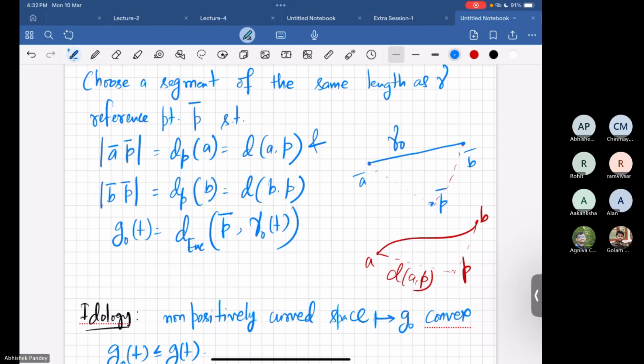It doesn't matter. For instance, you can take this in R2. I can take R3 also later. Okay, R2 or R3 doesn't matter. At present, you just think of it as R2, the usual Euclidean metric. So we are basically comparing this distance function with the Euclidean distance function. Okay.